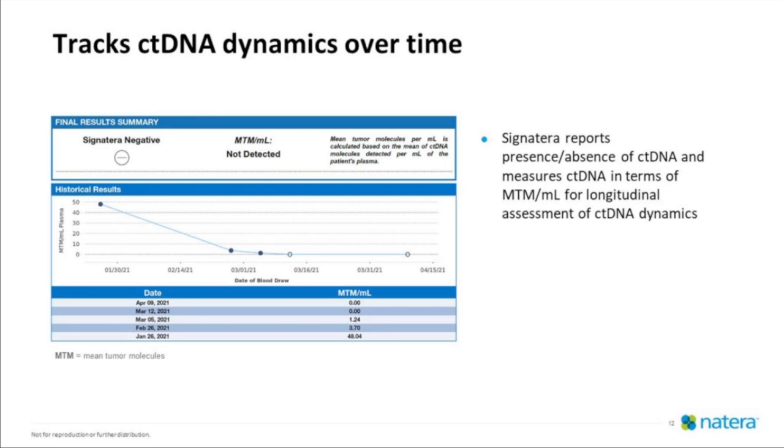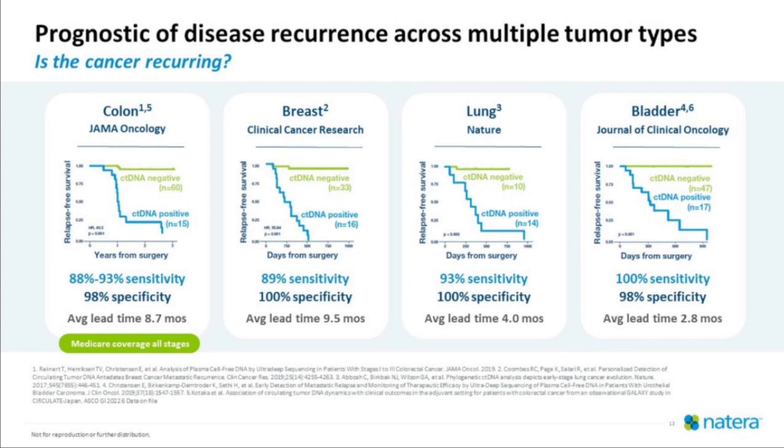This is somewhat unique to this particular platform in allowing both quantification of ctDNA measurements as well as following them longitudinally over time, which is extremely important when it comes to what Dr. Botta initially mentioned in following patients in surveillance mode, following patients for recurrence over time, or monitoring patients who received treatment in the metastatic setting, for example, once they've recurred, and seeing if there has been progress made in terms of treatment.